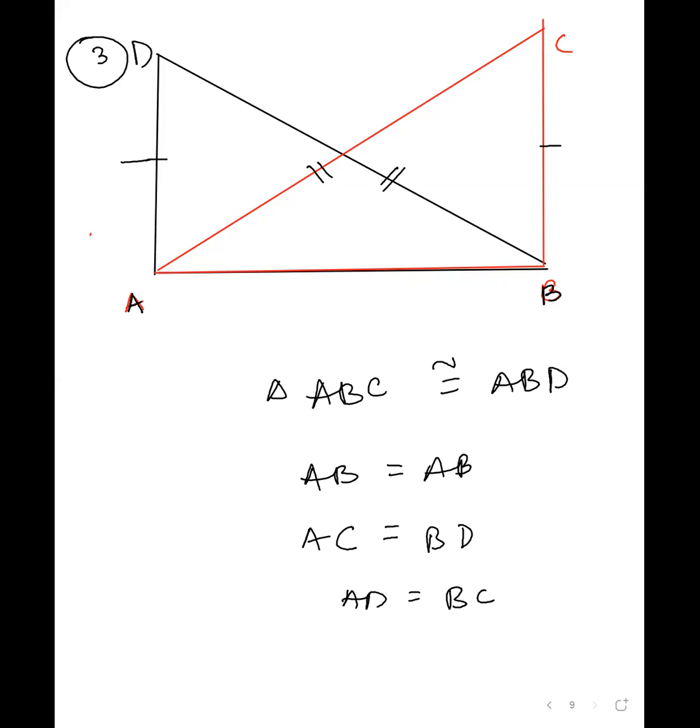So over here, we will write it as AB is equal to BA. So we will write it as triangle ABC is congruent to, so here we write BA. And instead of BC, we have AD, right? So AD.